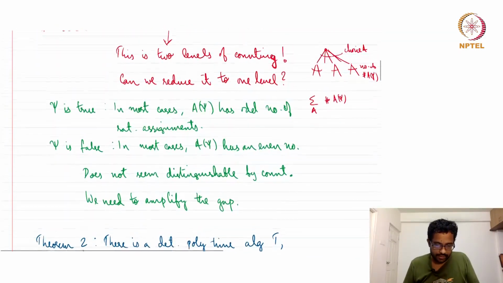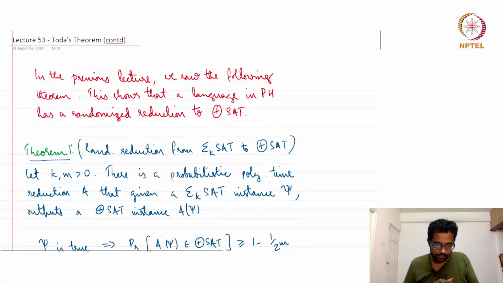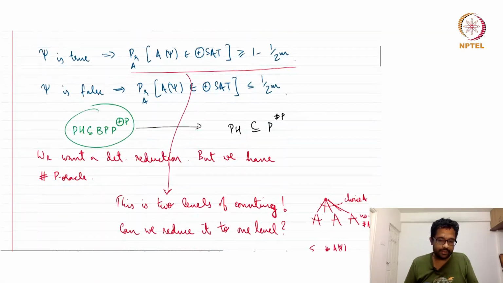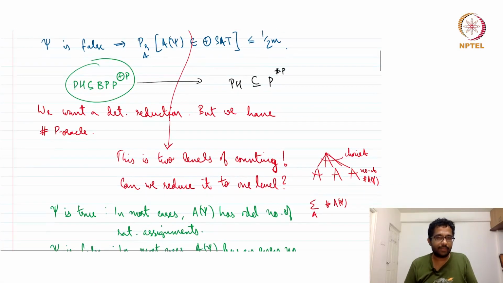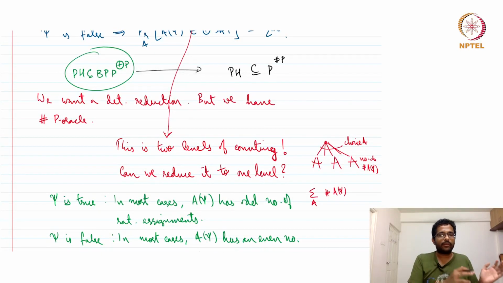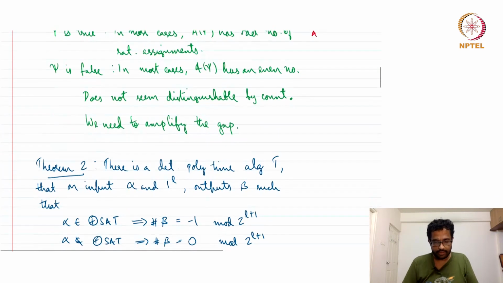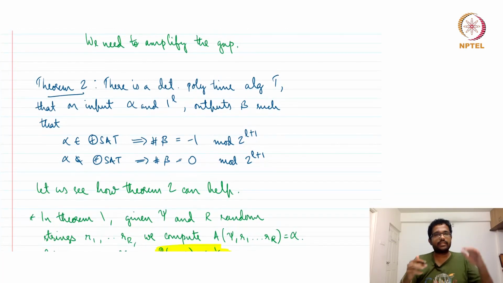So just to summarize, the second part of the proof was mainly this modulus amplification, where we moved from yes or no instances of parity SAT to 0 and minus 1 modulo some high modulus 2 power L plus 1 by using this trick. And then after that we composed these two reductions, the randomized reductions and the formula beta.